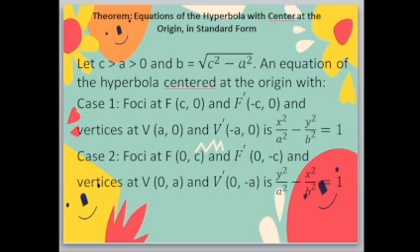The formula is y squared over a squared minus x squared over b squared equals 1. So those are the two cases of the equations of the hyperbola with center at the origin in standard form.